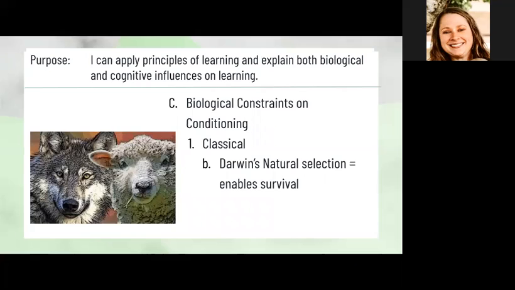Okay, is the bird more likely to eat the green bug or the red bug on a green leaf? Red, because the red bug stands out. Okay, if that bug gets eaten, it has less opportunity to procreate, okay, to mate.